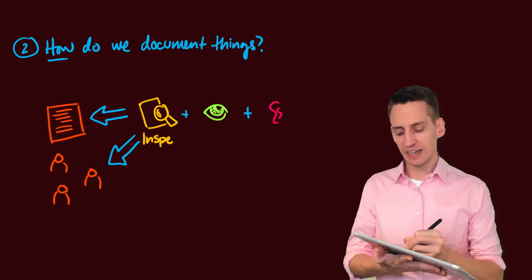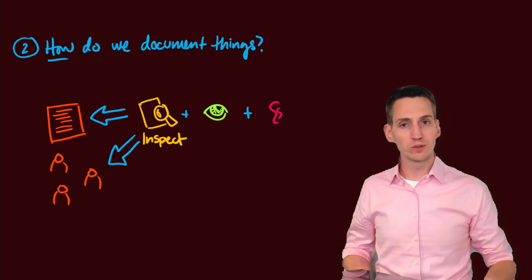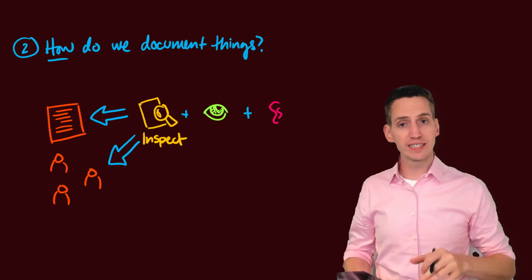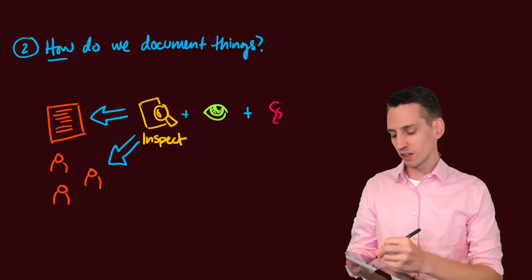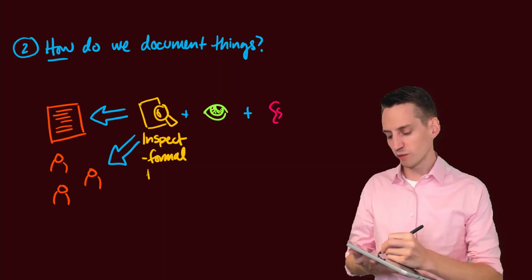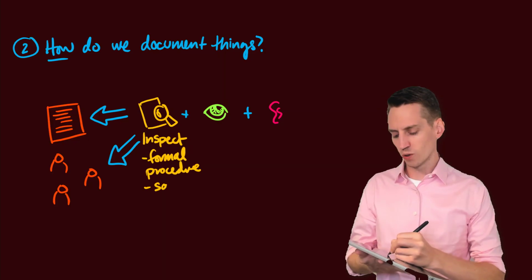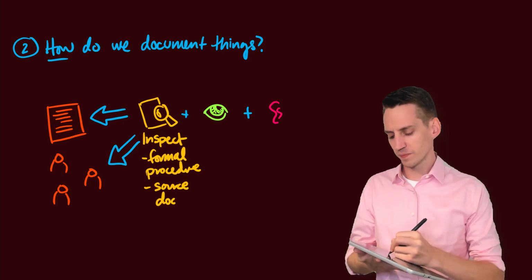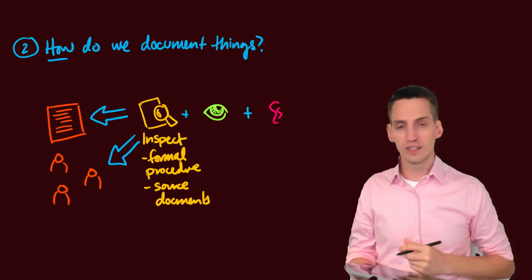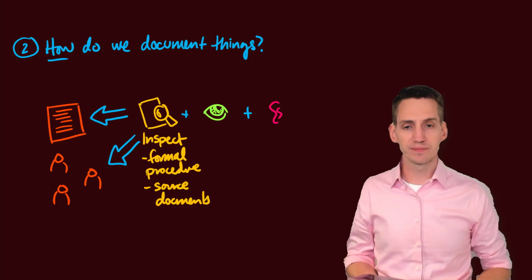As an accountant, we're going to start with the source documentation. We are going to inspect the documents, the manuals, the procedures, and the formal steps that we expect employees to follow. So we'll look at our formal procedure, and we're also going to look at source documents to identify key details.